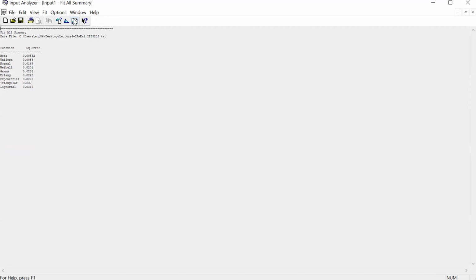We can also try to fit the uniform and the normal and see if those two distributions can give us a p-value above 0.05. So let's look into that.